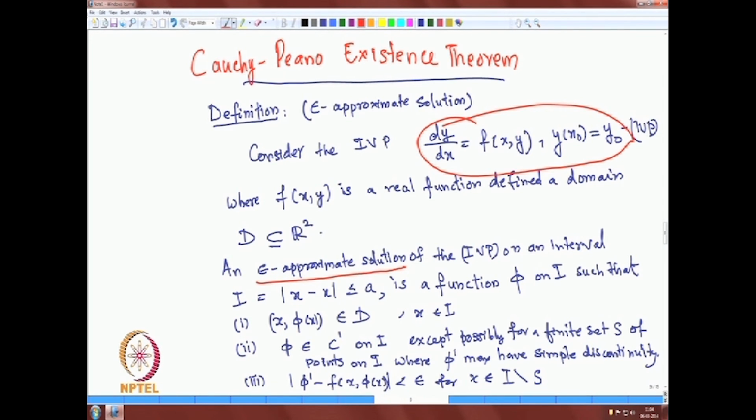A function phi on an interval I, given by modulus of x minus x0 less than or equal to a, is said to be an epsilon approximate solution if these properties hold: x, phi of x is in the domain, phi is continuously differentiable except on a finite number of points, and the difference between phi prime and f of x, phi of x, this error, is made smaller than epsilon on the interval I minus S.